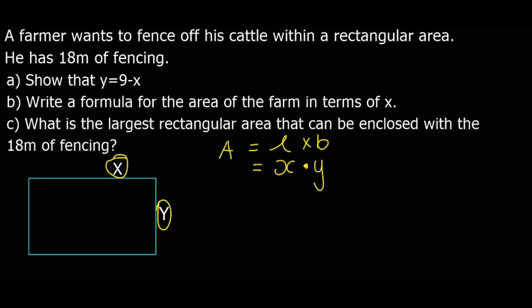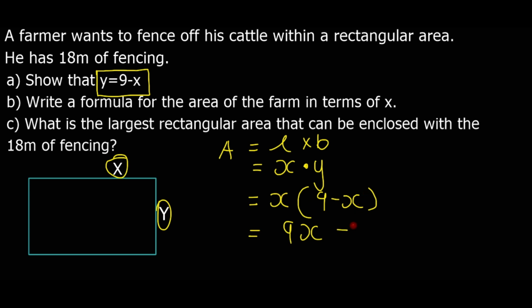But because we already found that y equals 9 minus x, where we see y we put 9 minus x, so we have x times 9 minus x. From there, x times 9 gives 9x, and x times minus x gives minus x squared.